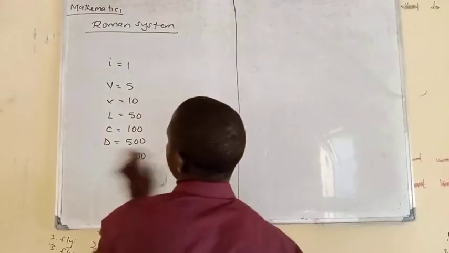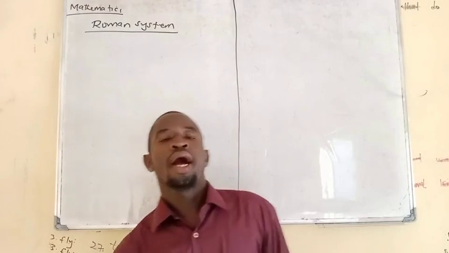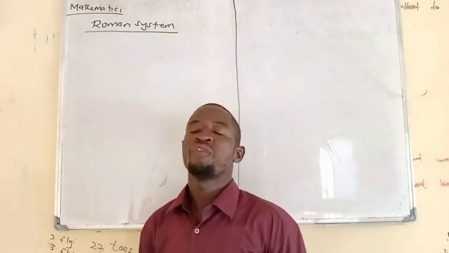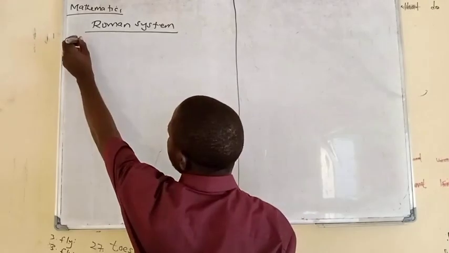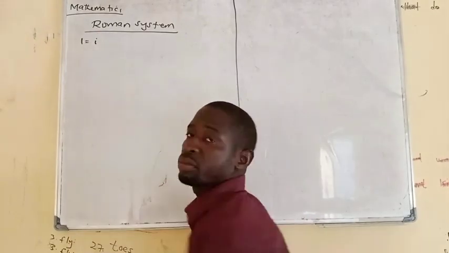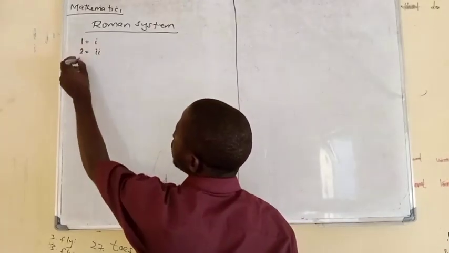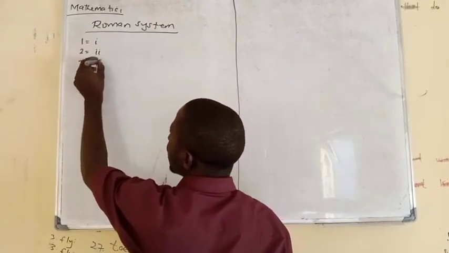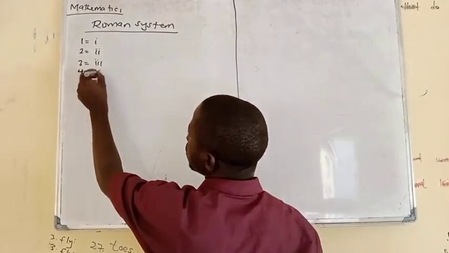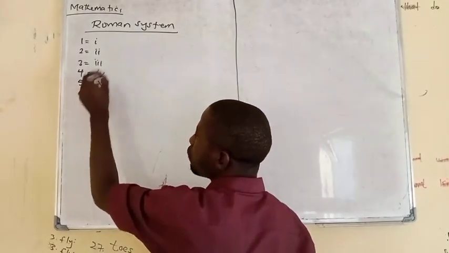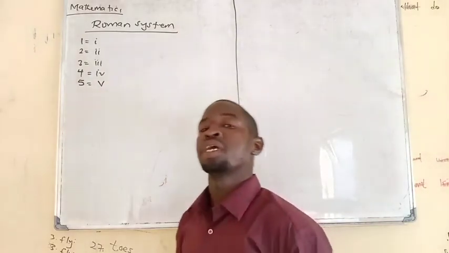As we said earlier, 1 is I. Then 2 is II. 3 is III. And 4 is IV. Then 5 is V, as it has been shown before.